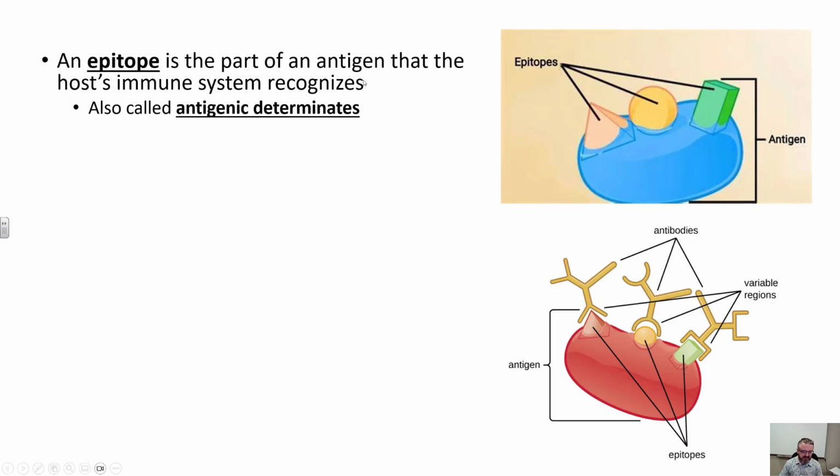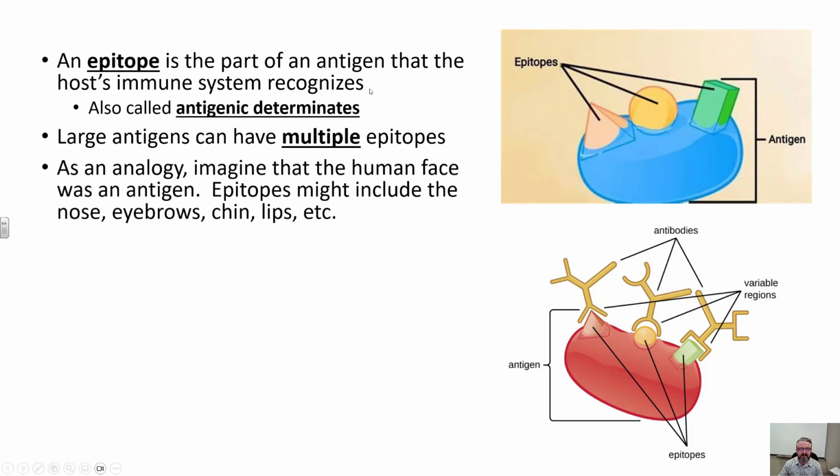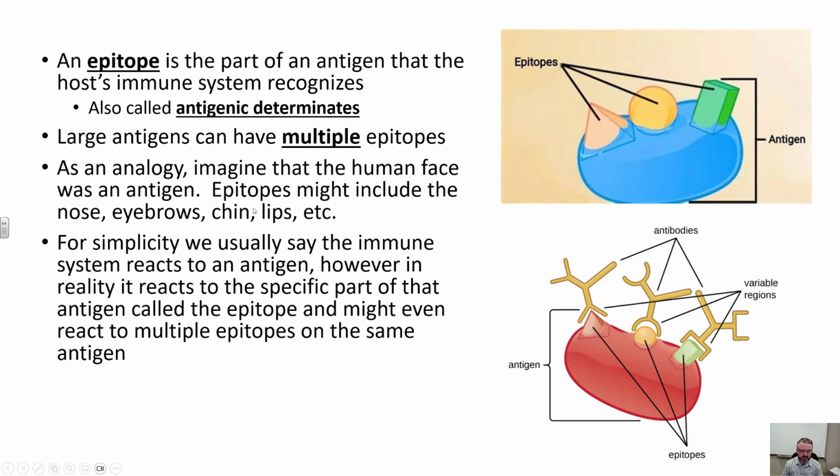These are also referred to as antigenic determinants as well. So large antigens will often have multiple epitopes, could be dozens or more, and the idea there is that we're honing in on a specific part. And in my notes here, I use the idea of a human face, kind of similar to a car. The face is an antigen, and the epitope might be something like the nose, eyebrows, chin, or lips. Just a different kind of analogy there.